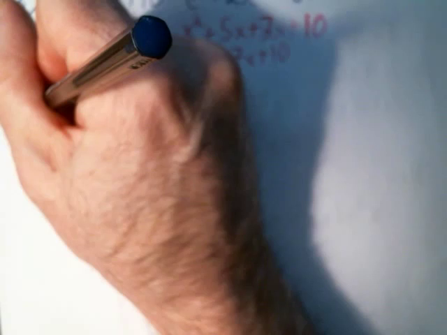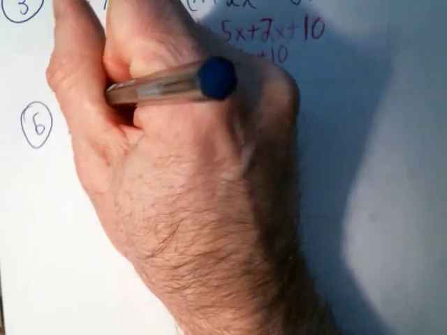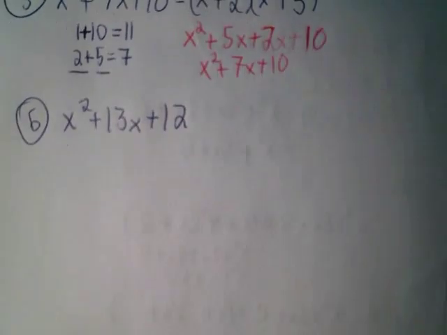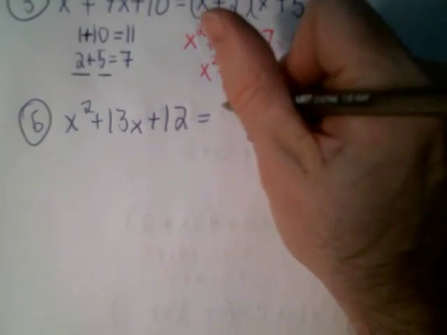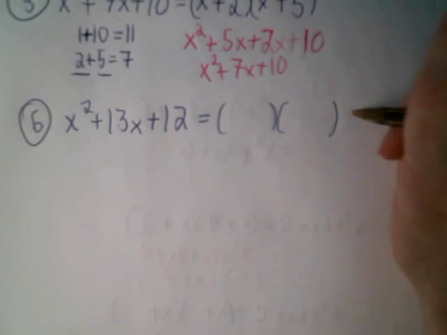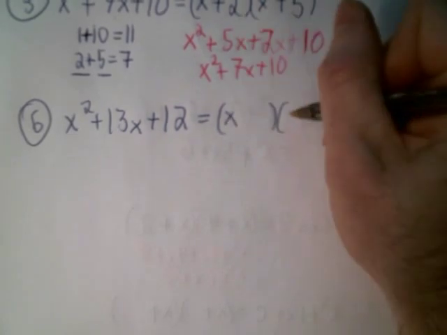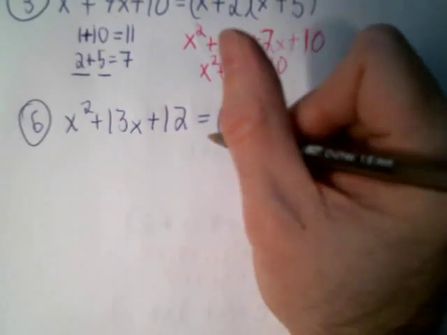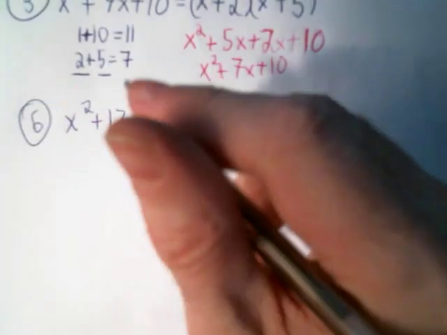So problem 3.6 of x squared plus 13x plus 12. Okay, set up your parentheses. It'll be x times x. And then we need two numbers that multiply together to give me 12, but add together to give me 13.